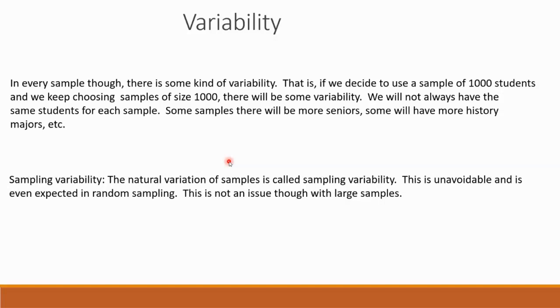Some samples might have more seniors than other samples, or some might have more freshmen, that kind of thing. So there is some variability here. That is normal. It's unavoidable, but you can minimize it by making your sample larger. That's what you can do.